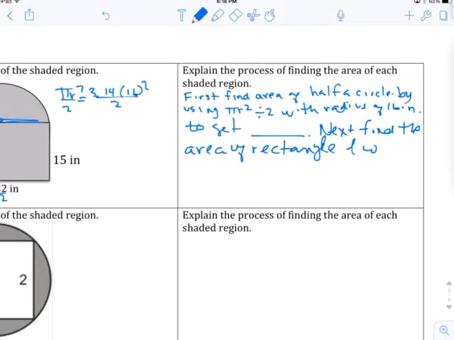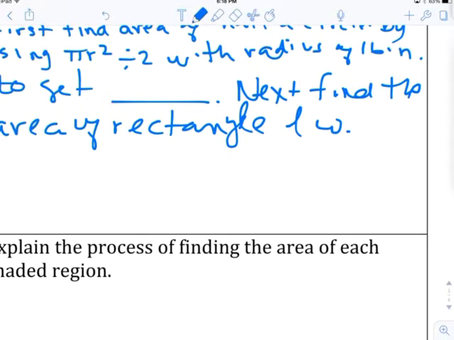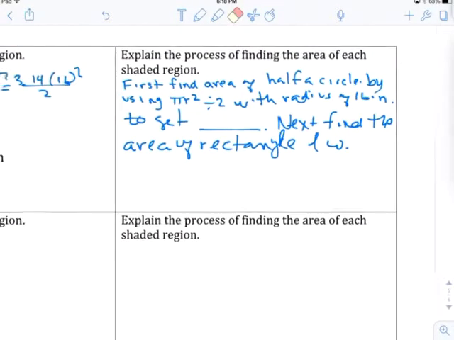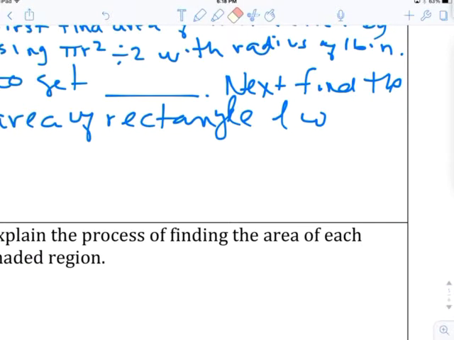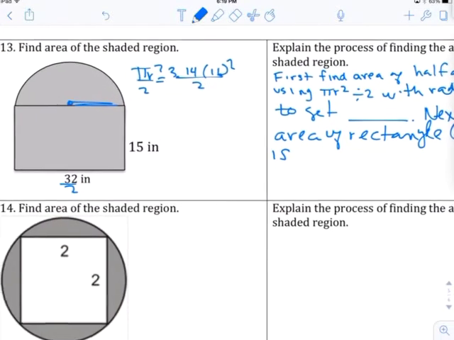Length times width, which is 15. What's 15 times 32?